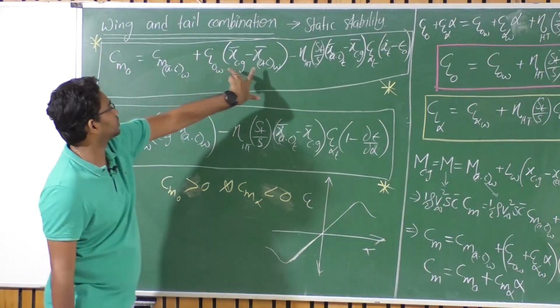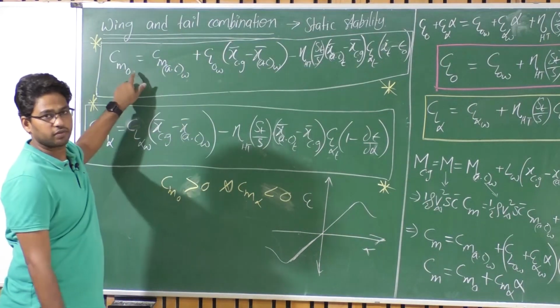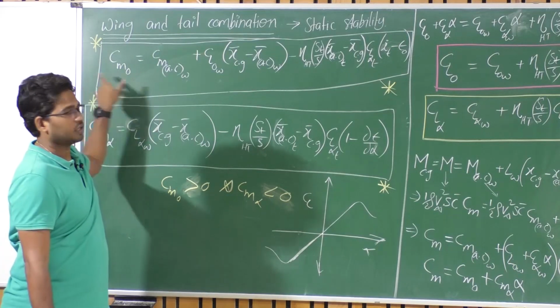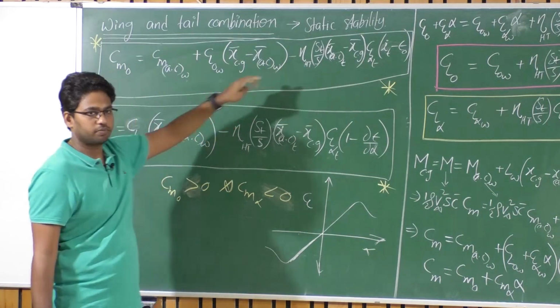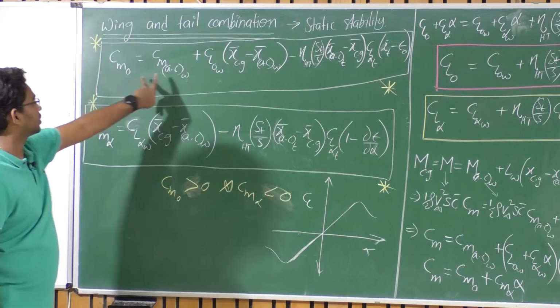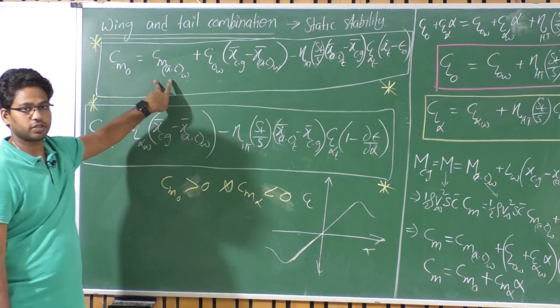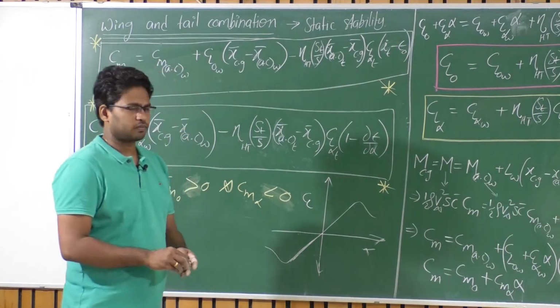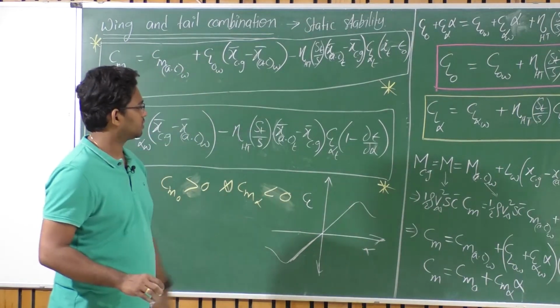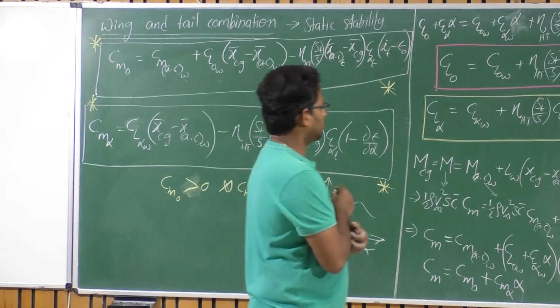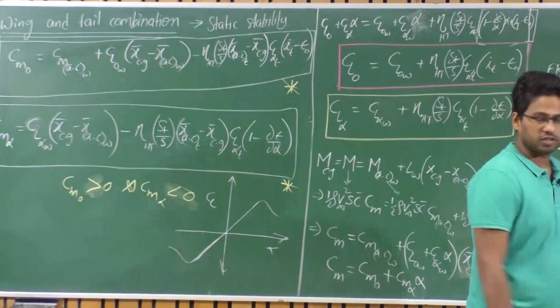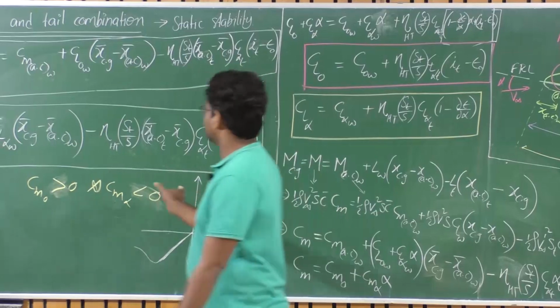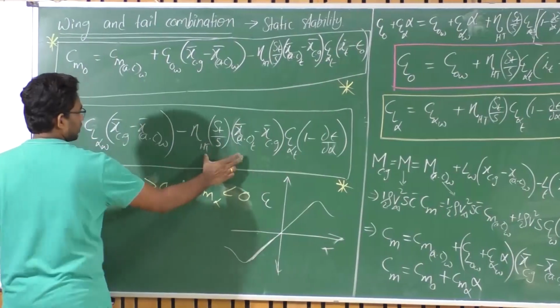Because, or you need to choose this distance in such a way that this particular value becomes positive, right? So either you choose i_t negative, that makes Cm naught positive, because this is strongly negative for cambered aerofoils. Right? Okay. So that's a conclusion from here. For a wing and tail combination, this is what it has to be. The Cm alpha, you get it from the wing combination as well as the tail combination, right?